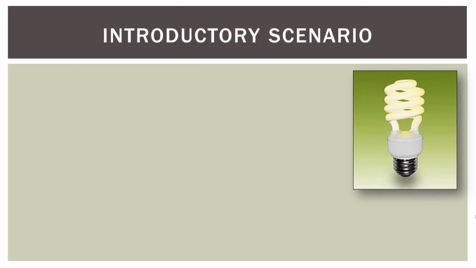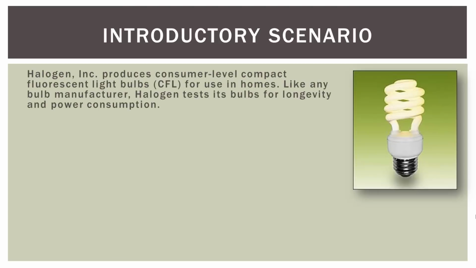Like all my videos, I start with an introductory problem or scenario, and this one is fictional. We have a company named Halogen Incorporated, and they produce consumer-level compact fluorescent light bulbs, or CFL bulbs, as you can see over there on the right, for use in homes. Like any bulb manufacturer, Halogen tests its bulbs for longevity and power consumption.